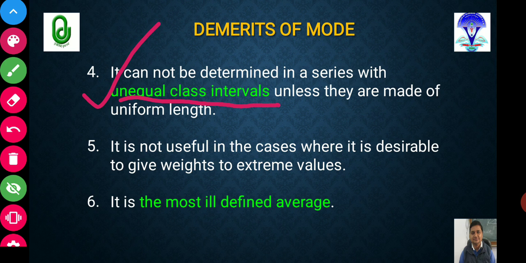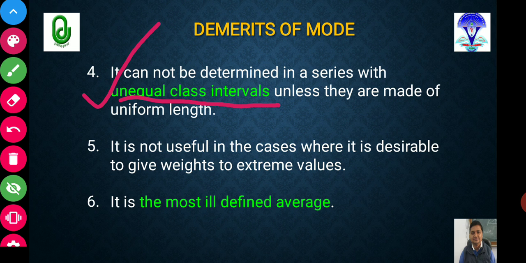So when class interval is unequal, then it cannot be determined by the simple method or by simply taking that formula. There are other methods also nowadays. Many methods have been developed for determination of mode of unequal class interval, but by simple formula we cannot determine.